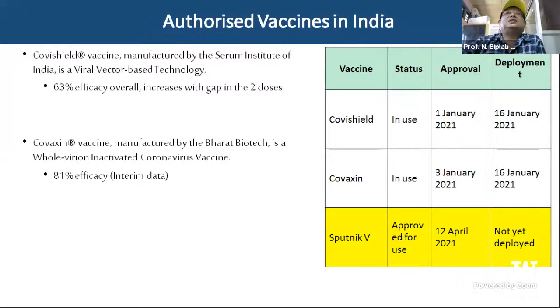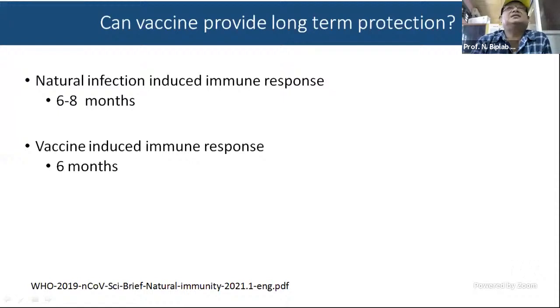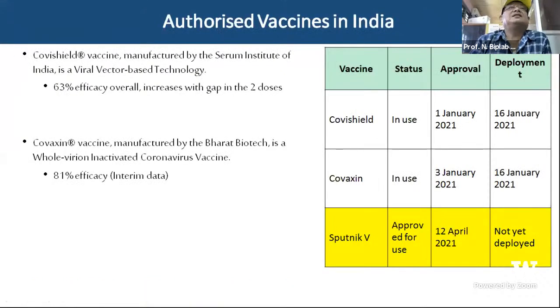Now, what are the vaccines which are recognized in India? One is the Covishield vaccine, which is manufactured by the Serum Institute of India, and the efficacy is better. The efficacy is 63% overall, and there is an increase with a gap in the 2 doses.